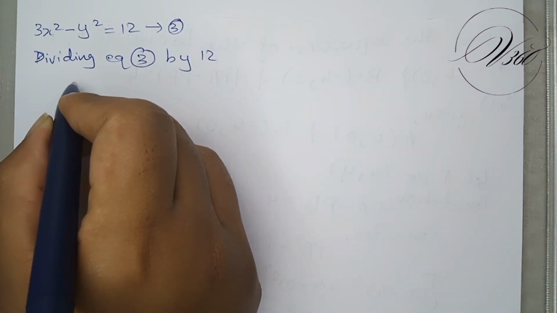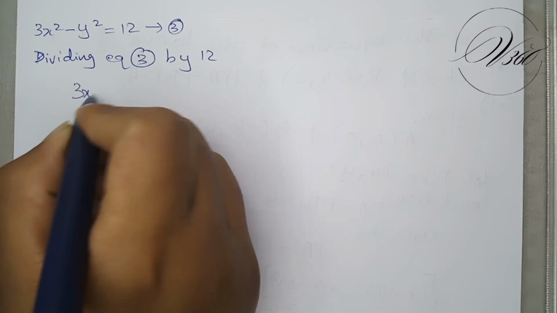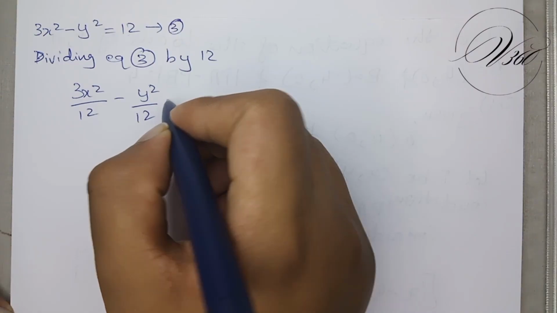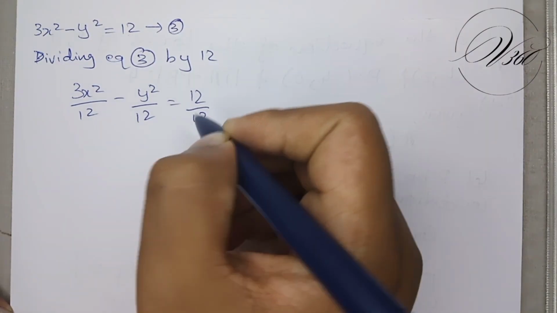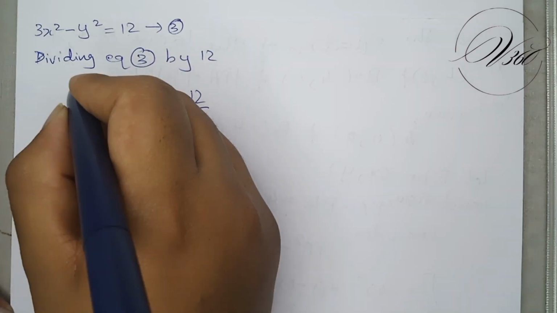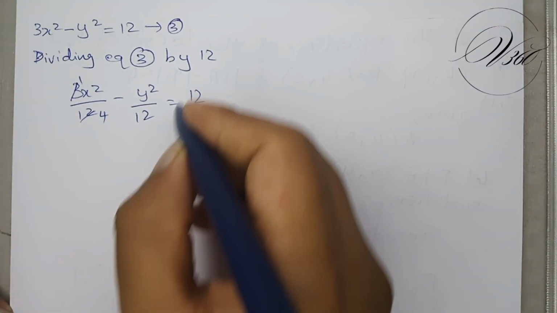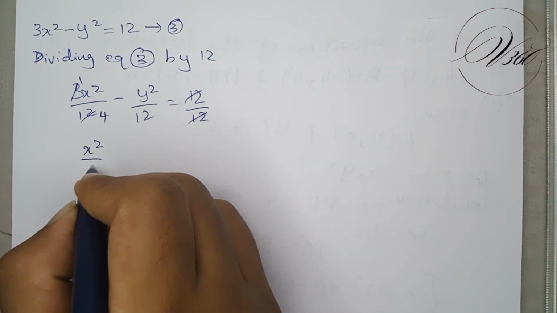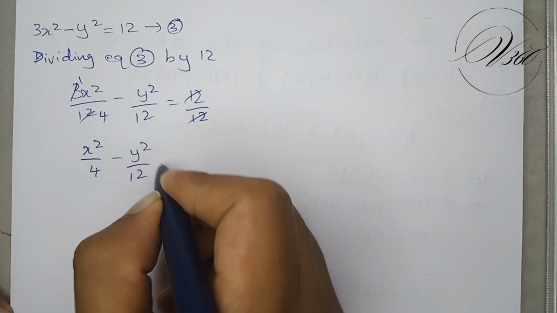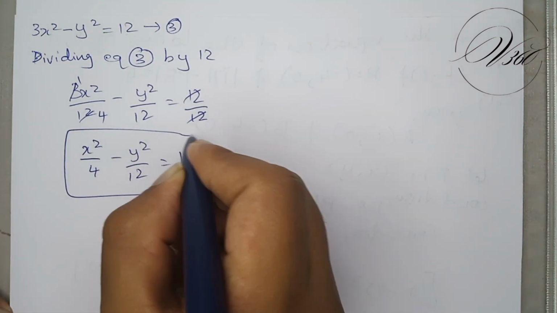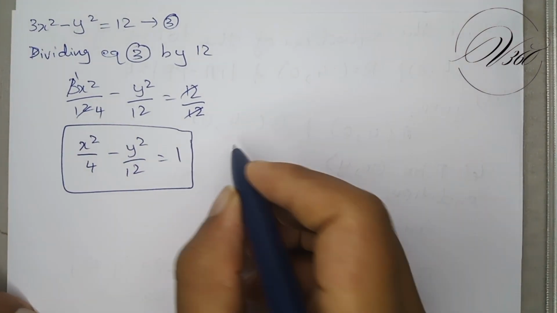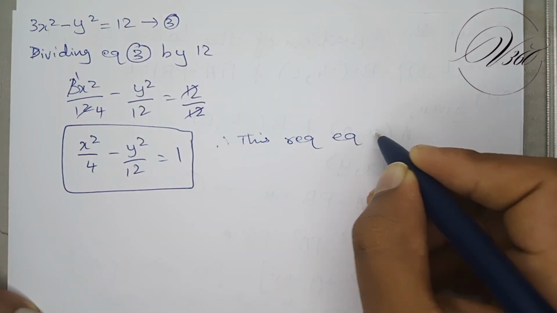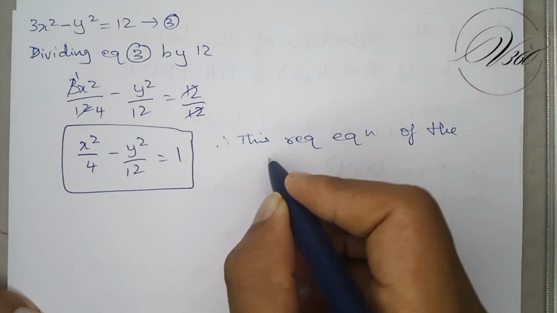Here all the terms are divided by 12 now. 3x square by 12 minus y square by 12 is equal to 12 by 12. Now 3 ones are 3, 3 fours are 12. Here minus minus means cancel out. Now x square by 4 minus y square by 12 is equal to 1. Therefore, this is the required equation of the locus.